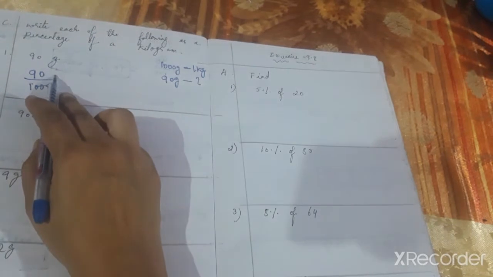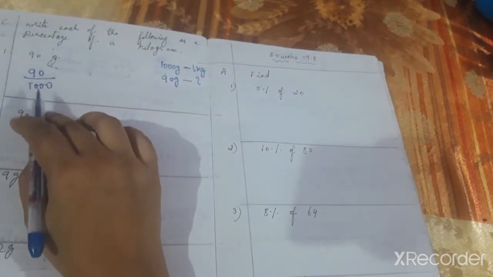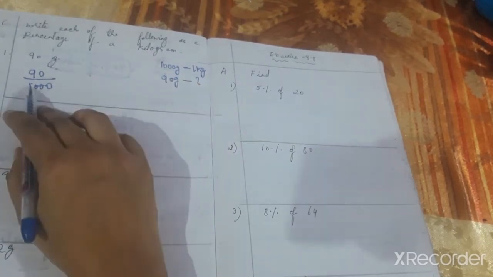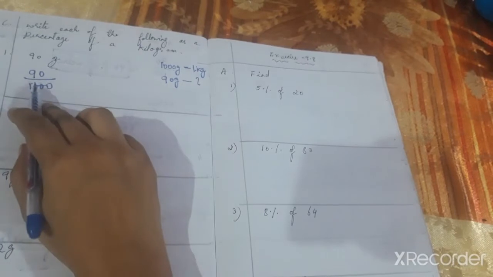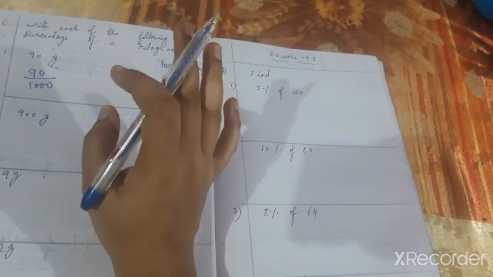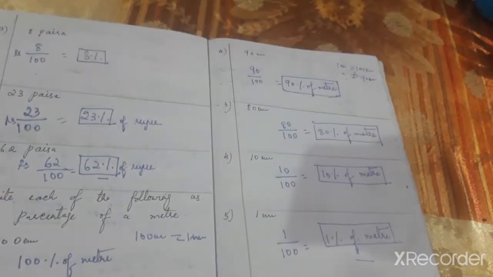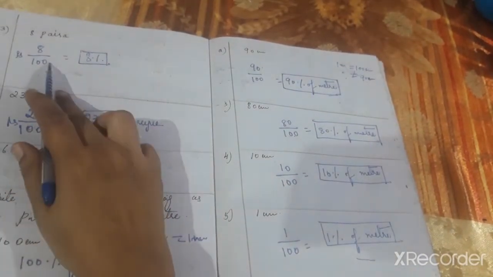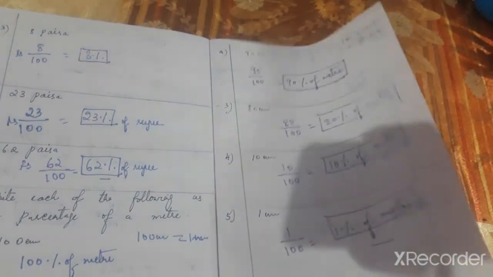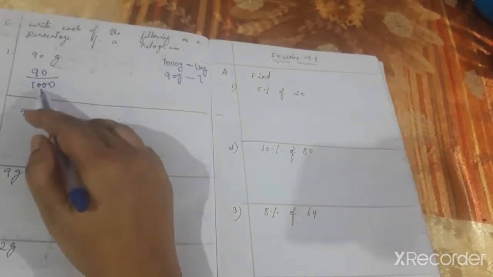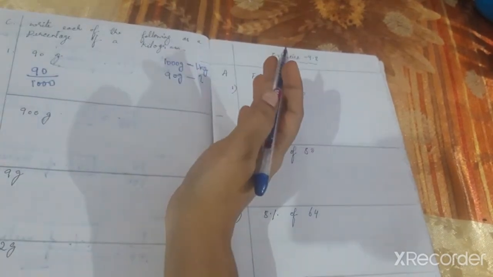Again the denominator is not in 100 form. When the denominator is in 100 form, the numerator is only the percentage value. But here the denominator is 1000 form.